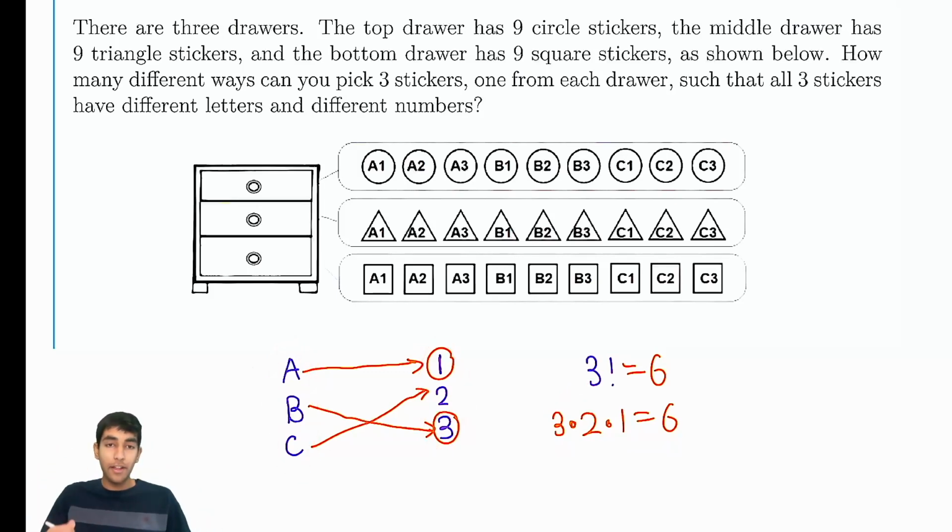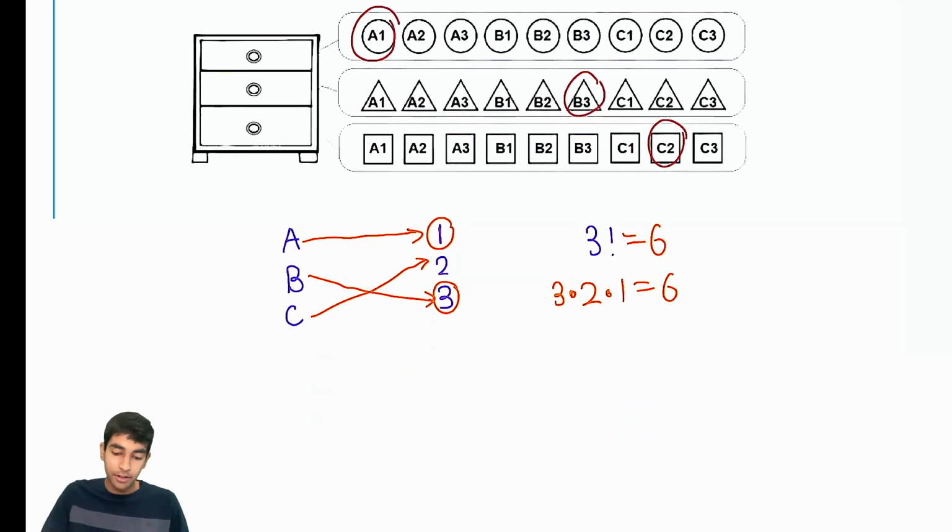Now, based on what we have chosen, we have to pick an A1, a B3, and a C2. But the thing is, we have to pick 1 from each drawer. So we cannot pick A1, B3, C2 all in the same drawer. They have to be different. So now, how many ways are there to do this?